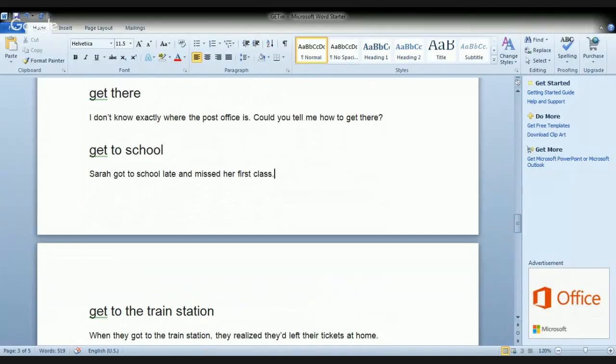Is there the other case? Get home, get there. There's no need to add a preposition. Correct. So is there always another word that doesn't require a preposition? No, you don't need. Get home is get home, or get, for example, school.